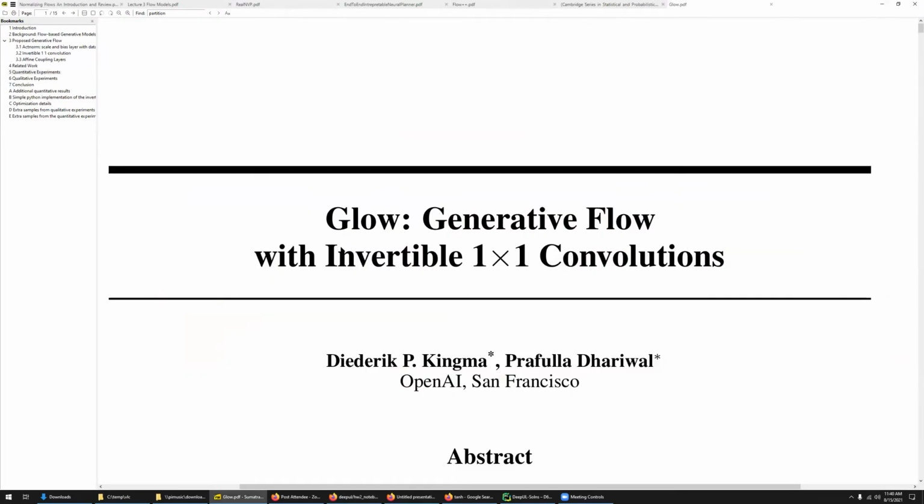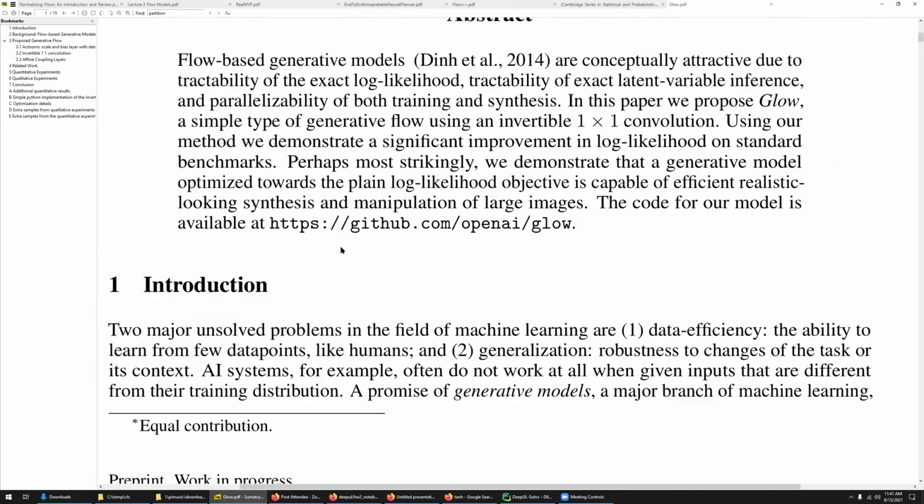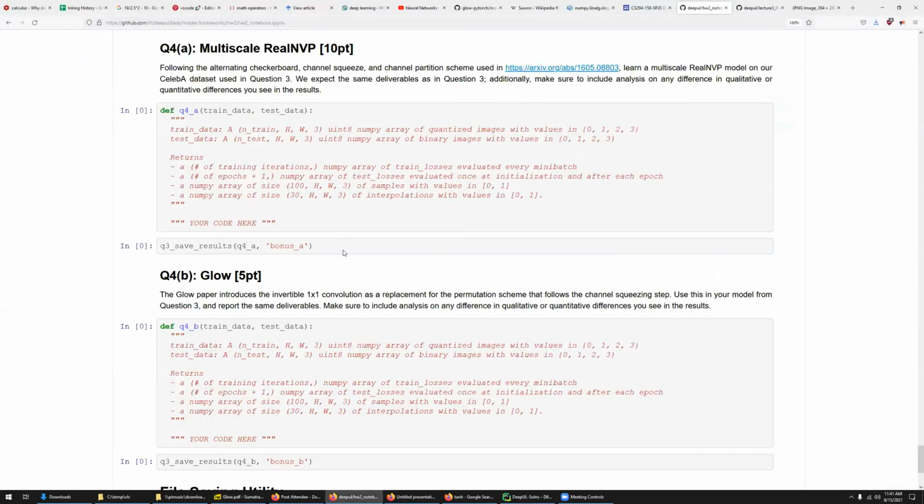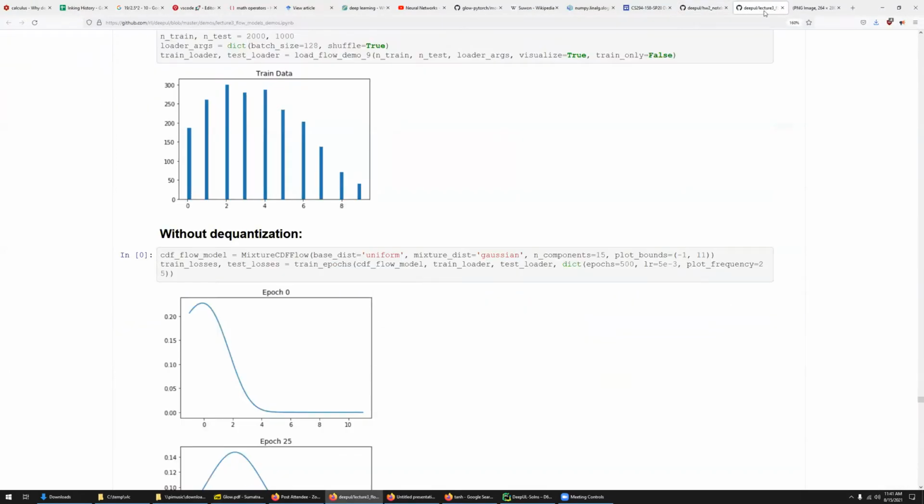This is by OpenAI, right? Yeah, they have a blog, and the trained model is there, so you can play around with it. So that's the next demo.